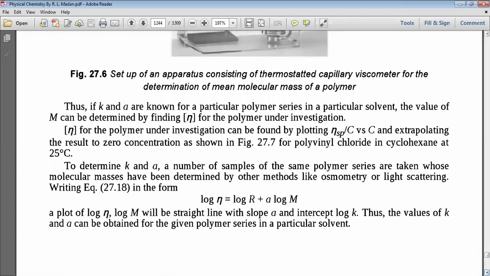This experiment was done for polyvinyl chloride in cyclohexane at 25 degrees centigrade.